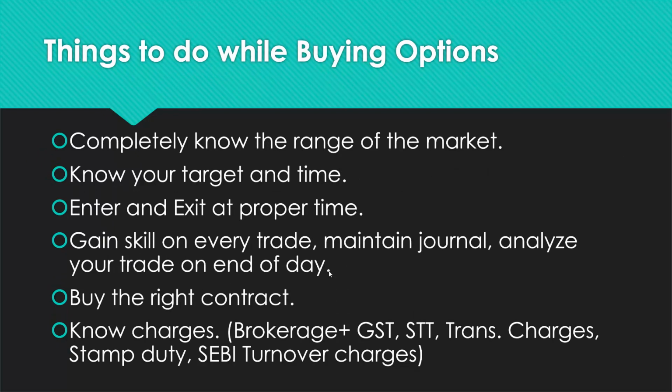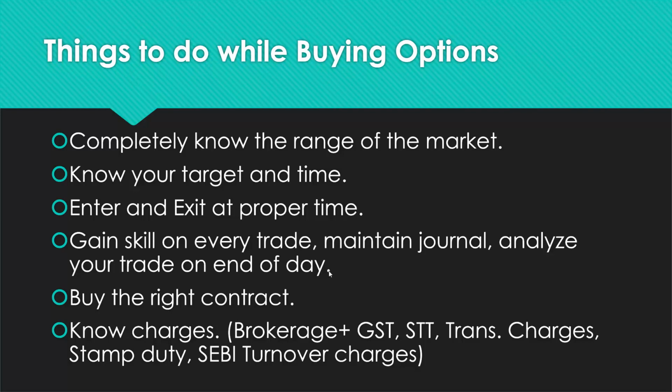So, things to do while buying options. If you're an options buyer, completely know the range of the market. Don't try to carry over your positions overnight. Do intraday trades initially. You should know the range between which the market is going to move. So know your target and the time to enter and exit at the right time.